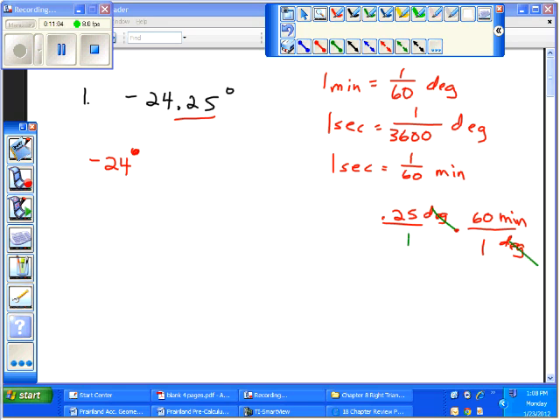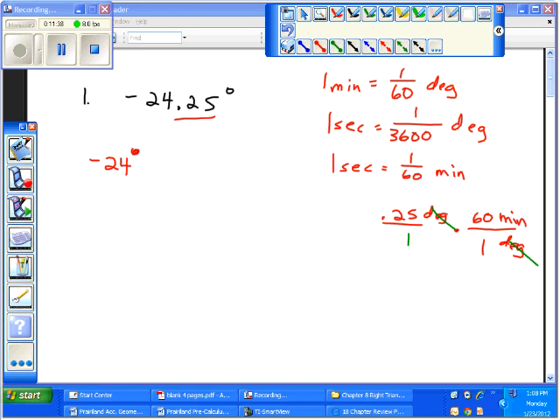Lose the name degree, gain the name minutes. 1 degree is 60 minutes, so we multiply by 60. You could say we're going from a larger unit, degree, to a smaller unit, minutes. When you go from larger to smaller, you multiply by the conversion factor. Okay, so you could say that.